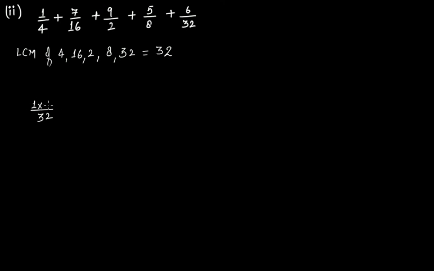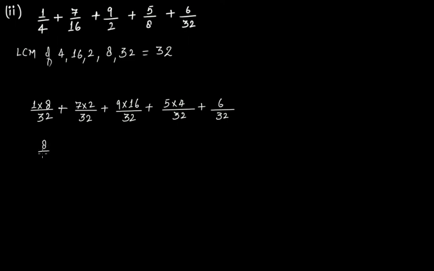So this is 1 times 8 plus, if we want the denominator as 32 here, so 32 divided by 16 gives us 2 as a quotient, so 7 times 2. This is, if the denominator is 32, 32 divided by 2, the quotient is 16, so this becomes 9 times 16 plus, if we want the denominator 32, then 32 divided by 8 gives us 4 as a quotient, so this is 5 times 4 and plus, it's already 32, so no need to multiply anything to the numerator.